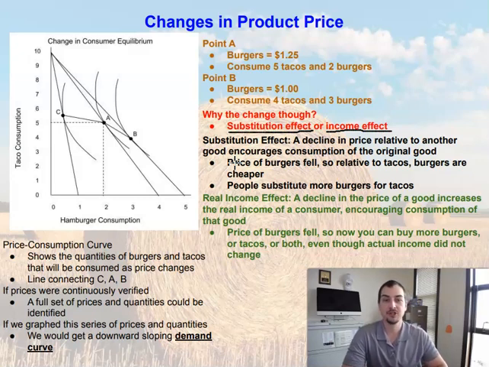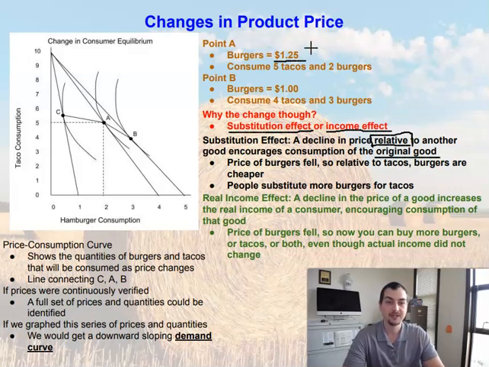So the substitution effect says that a decline in price relative to another good encourages the consumption of the original good. A key thing is this word relative. The relative means to compare things. So if we compare the price of hamburgers to tacos, it'll show us how many tacos the market is willing to give up for a hamburger. So the price of tacos in this example is 50 cents.